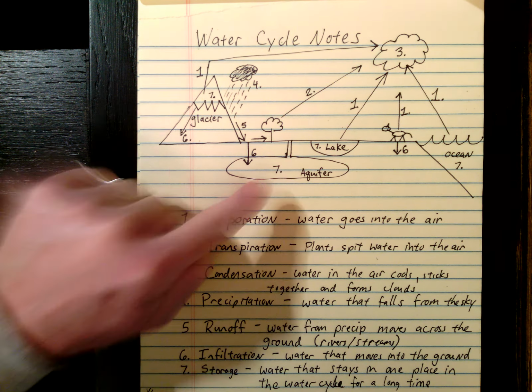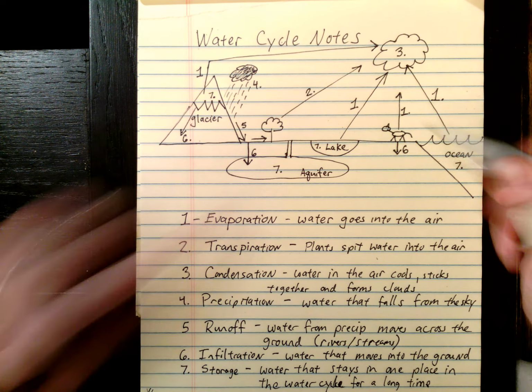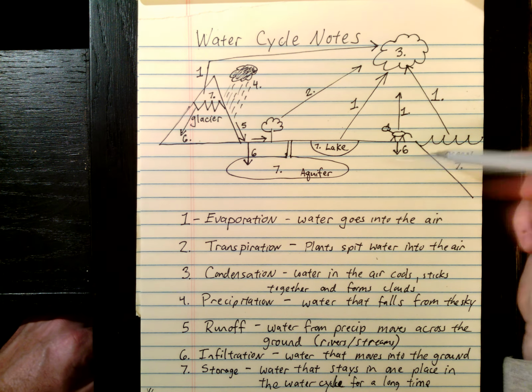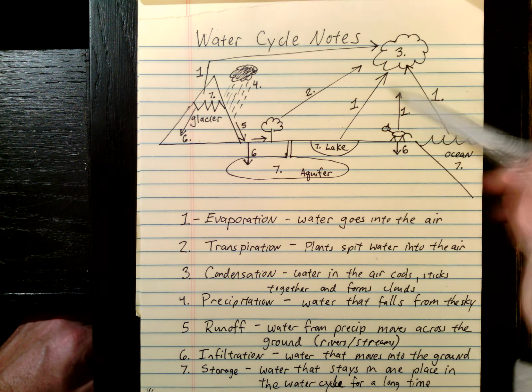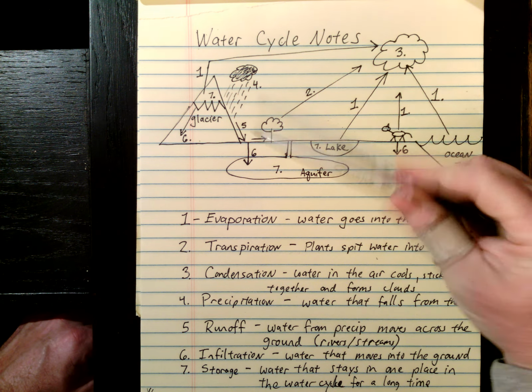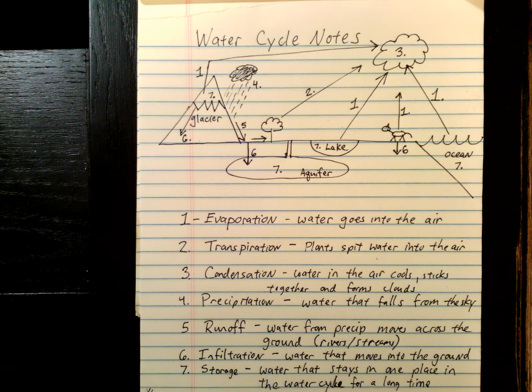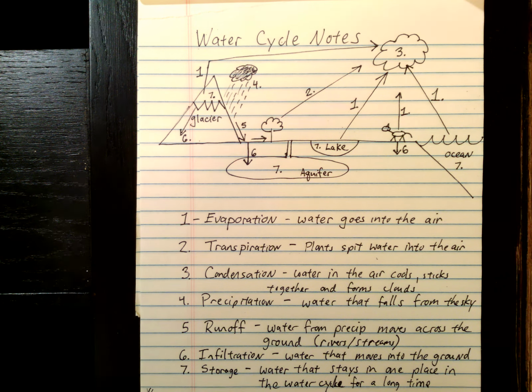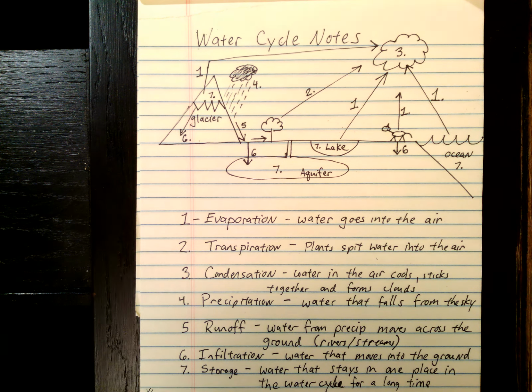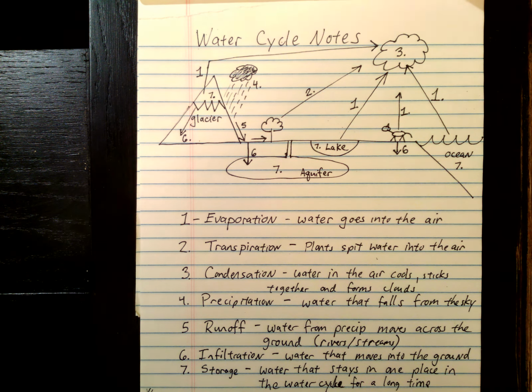That's glaciers, that's aquifers, oceans, and lakes. It is not people. It is not runoff. It's not clouds, because those are all examples of places where water moves through very quickly. Storage is a general term that is used to describe water that sits in place for a long time.